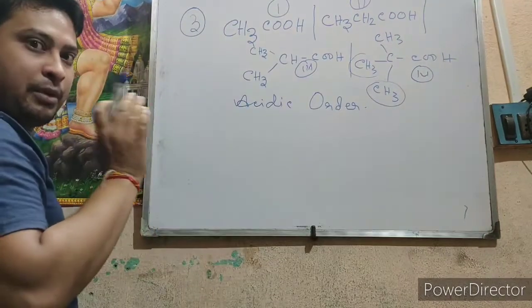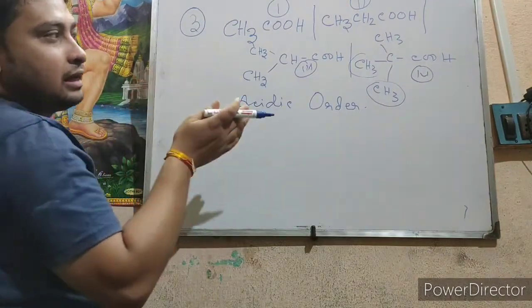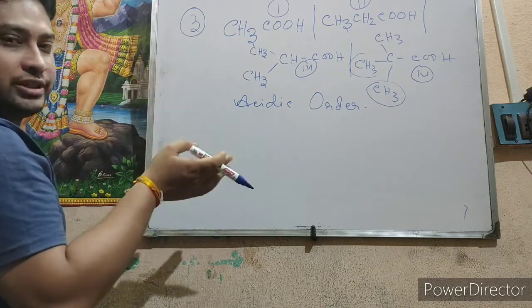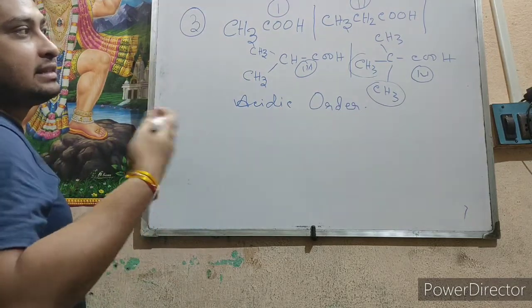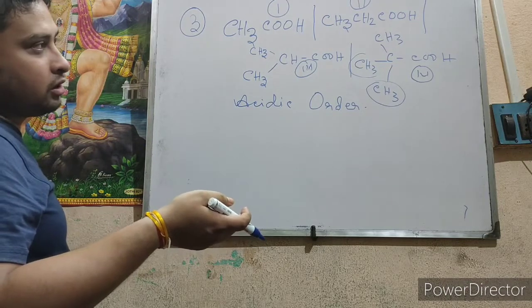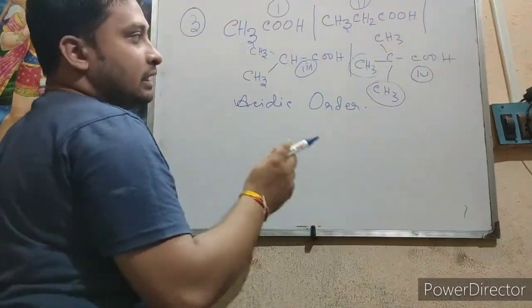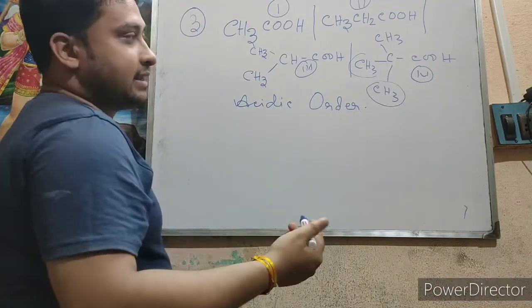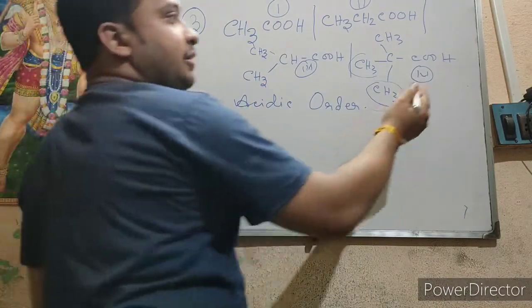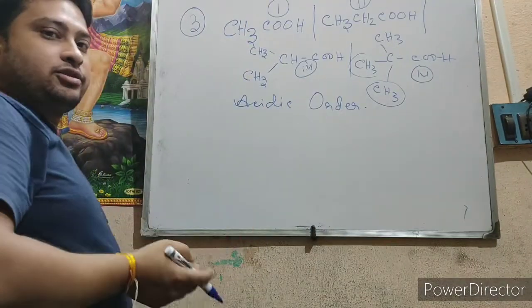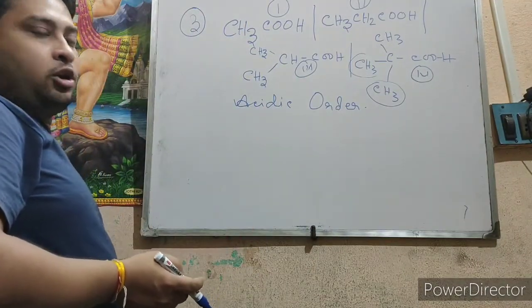So the power of pulling electrons on the carbon or the oxygen, the electron density is increasing. Due to the presence of CH3, the density of electrons is increasing, and as the density of electrons is increasing, it is not easy to release hydrogen plus.